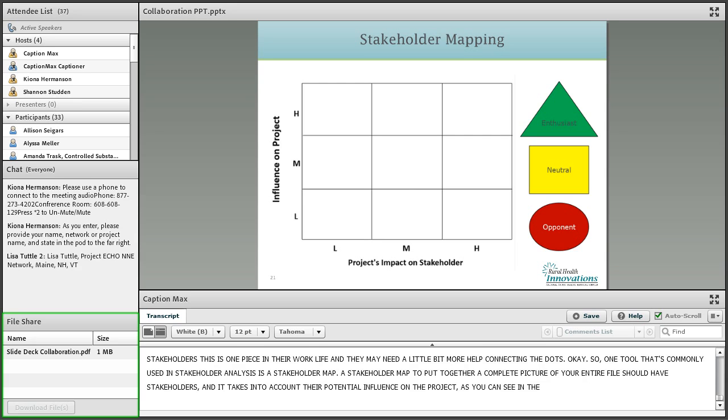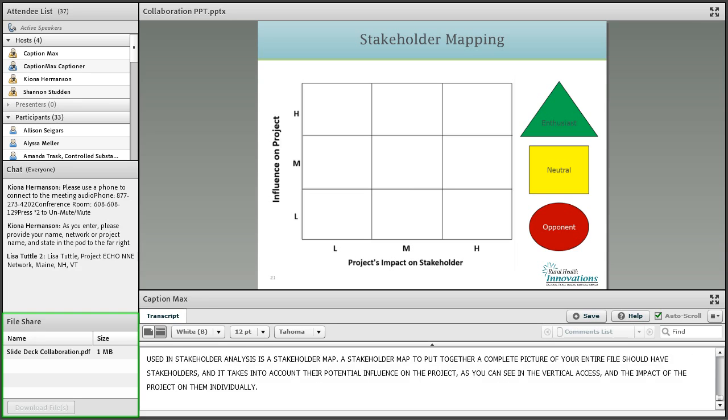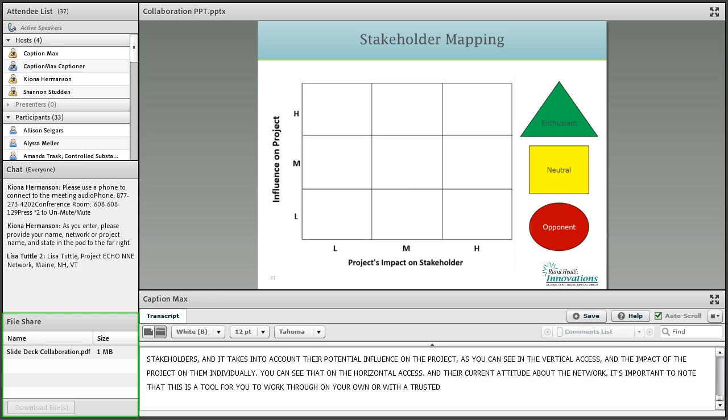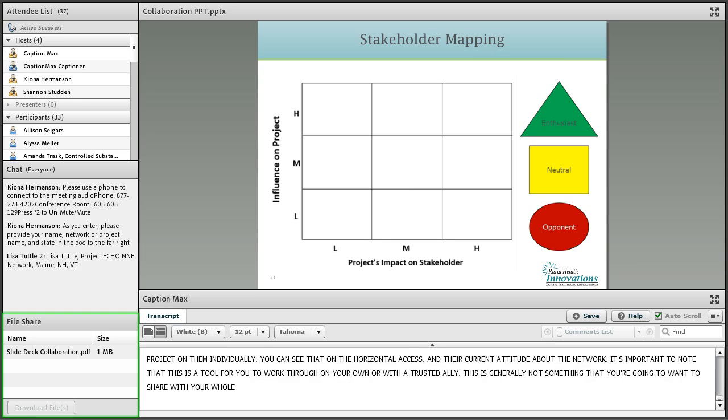The purpose of these tools is to help you clarify the connection between what's important to each of your stakeholders, every single one, and what the goals are of the network. This can help your own thought processes, and it can also help you as you plan your work and plan your communication with stakeholders. Stakeholder analysis, I will tell you, does require some time and energy, but it can really pay off in the long run.